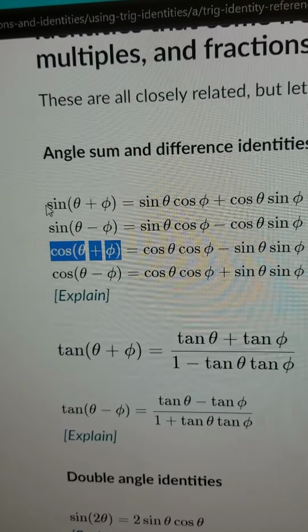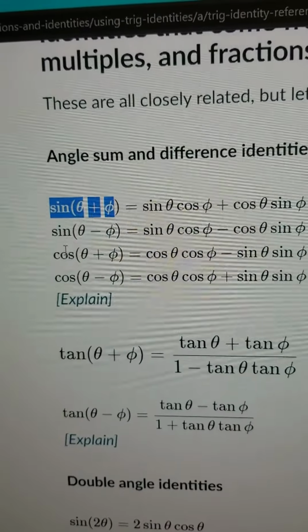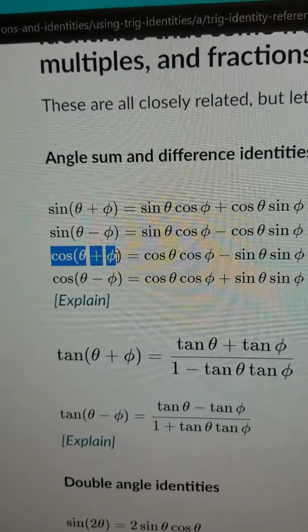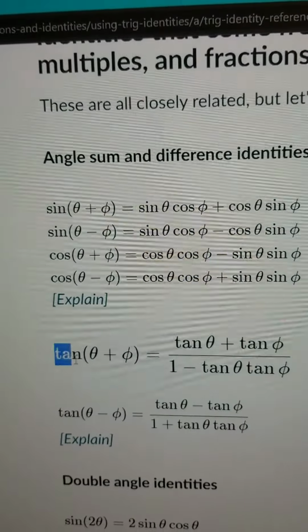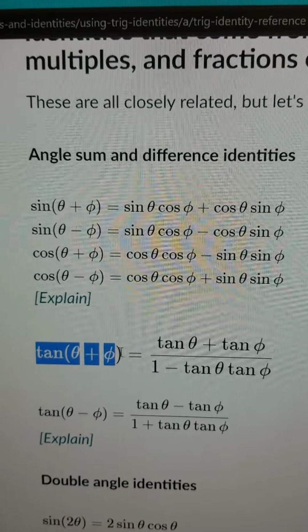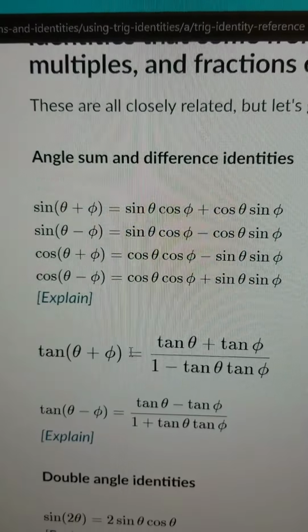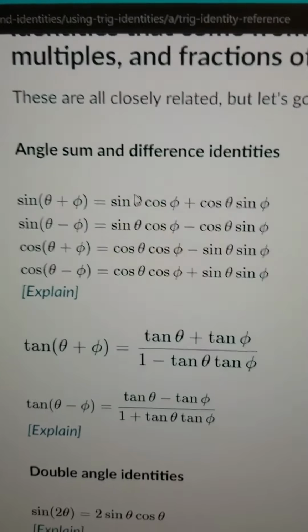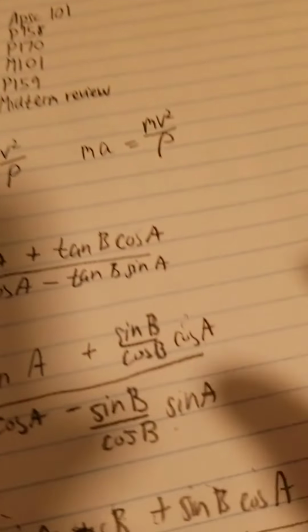So if I replace the top with this and divide by the bottom, which is this, gives me tan of theta plus this. And this is another trig identity thing. You can probably find it on Khan Academy. So this fraction here simplifies to sine of a plus b over cosine of a plus b, like this.